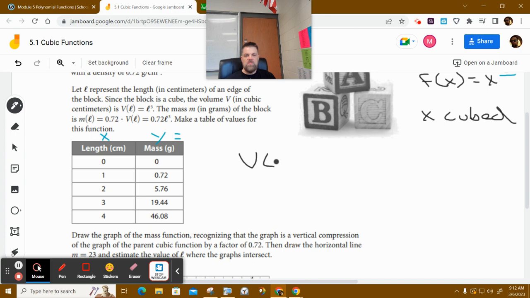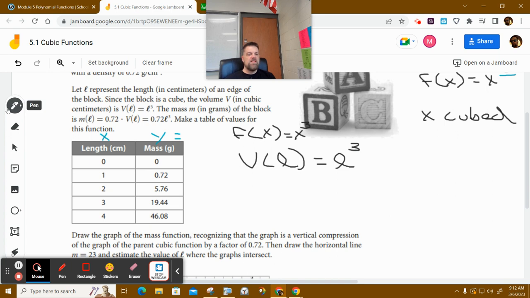The volume as a function of L is equal to L cubed. Now what that means is, think of f of x as a function, f is a function of x cubed. So this is the same thing, except we're using v as the title of the function v, which is a function of L, which is equal to L cubed.